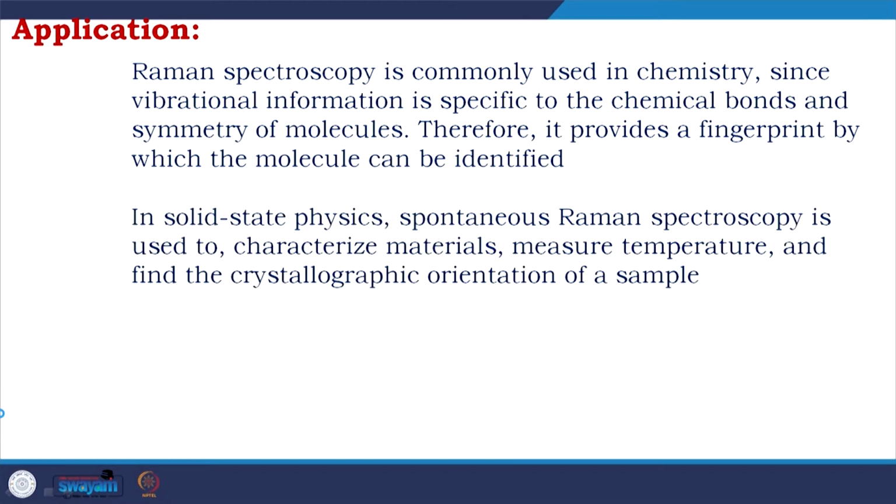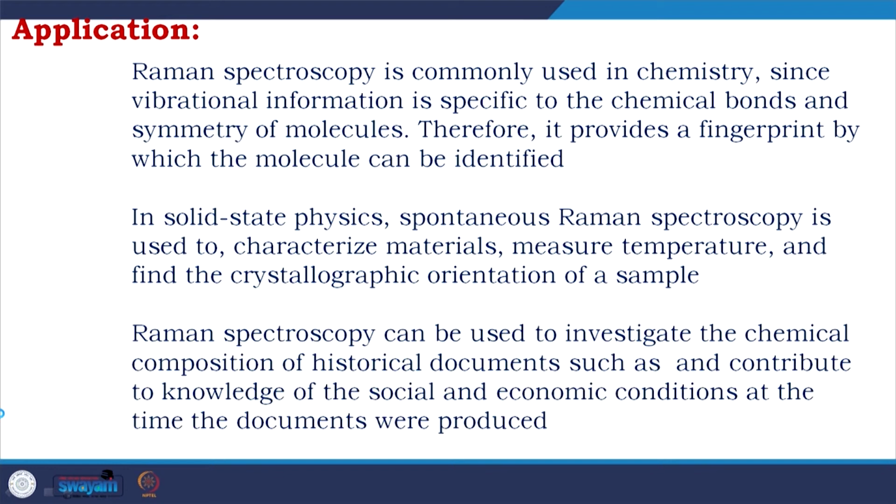In solid state physics, spontaneous Raman spectroscopy is used to characterize material, measure temperature and find the crystallographic orientation of the sample. Raman spectroscopy can be used to investigate the chemical composition of historical documents and contribute to knowledge of the social and economic condition at the time the documents were produced.